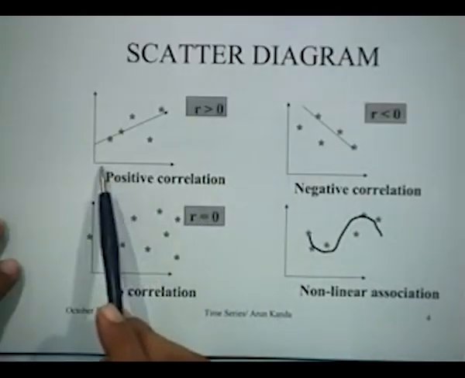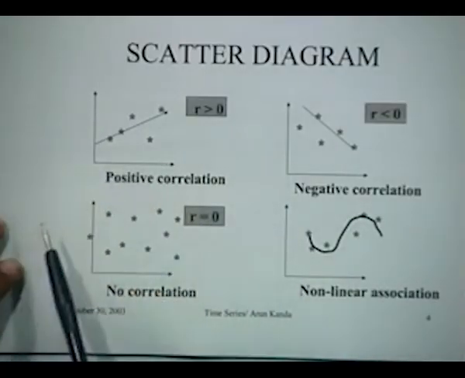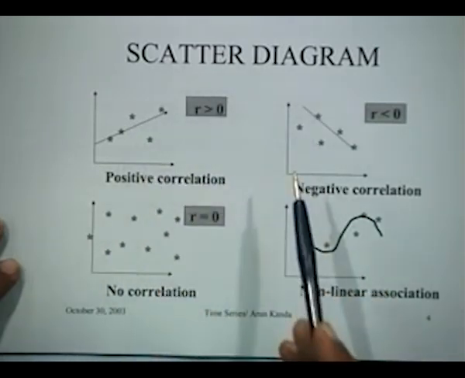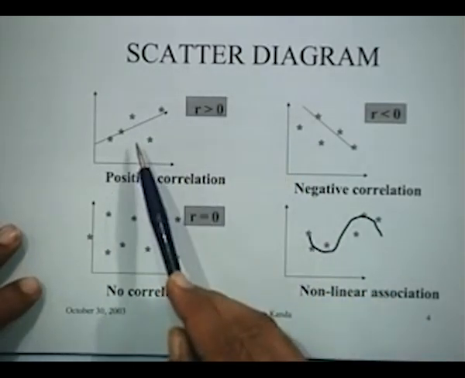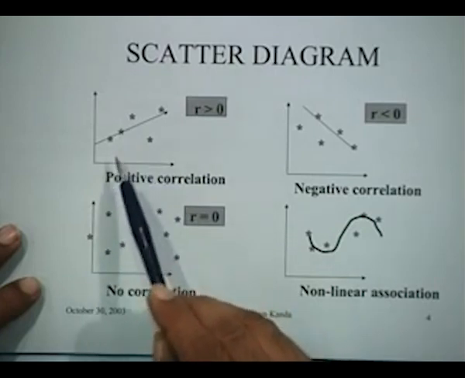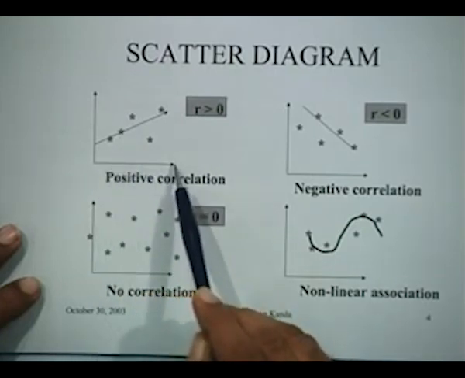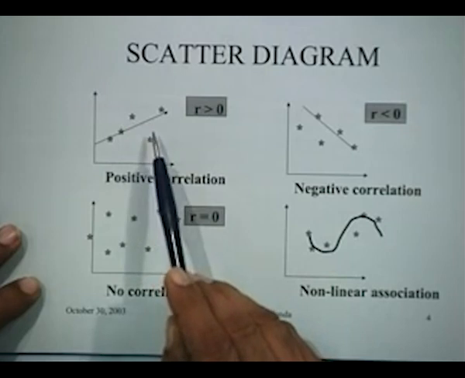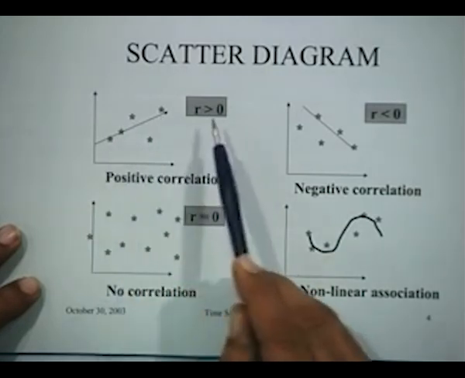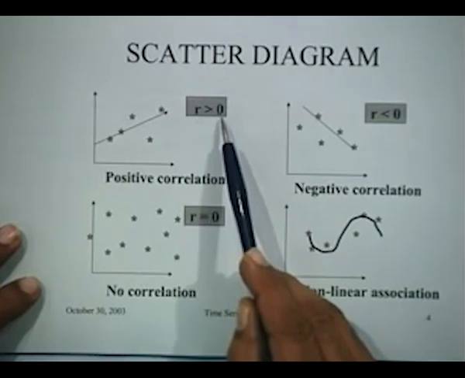For instance, if the relationship between two variables x and y is plotted on a diagram known as the scatter diagram, you would find, for instance, in the first graph here, generally as the one variable increases, the other variable also tends to increase. So this is said to be a situation where the correlation is positive.